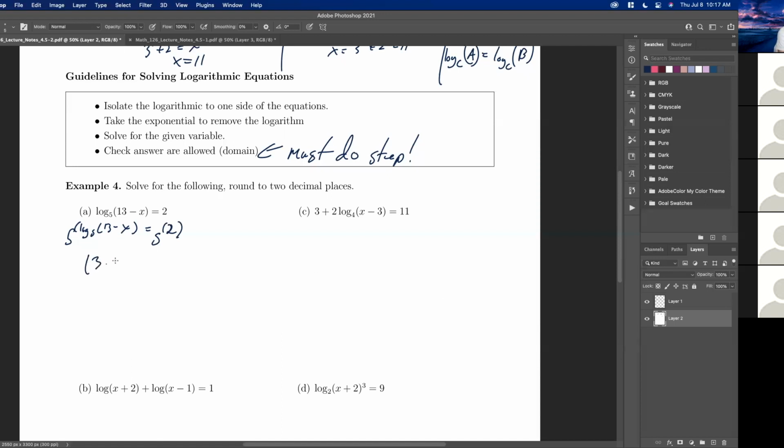So I have 13 minus x is equal to 25. I move the 13 over, and I get negative x is equal to 12. That means x is equal to negative 12. All right, so we have our answer here. Now we must check it.